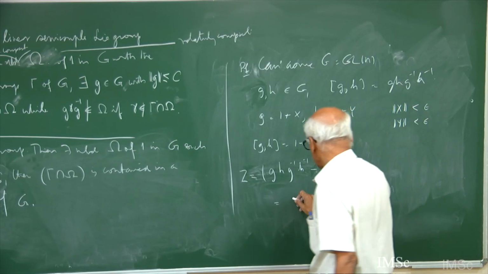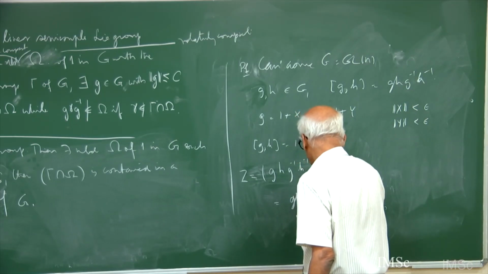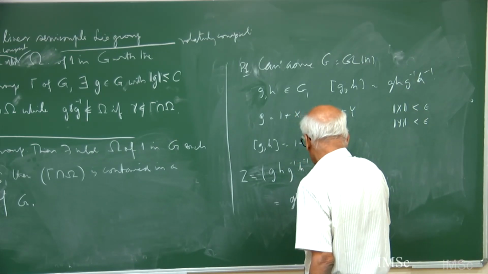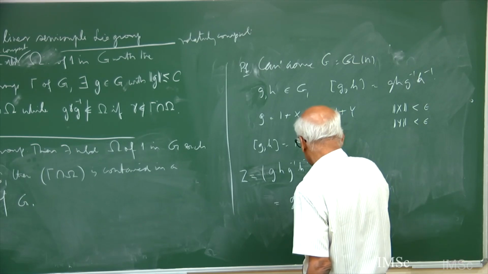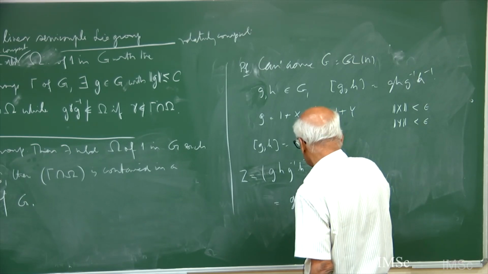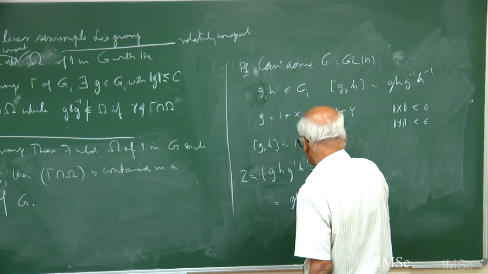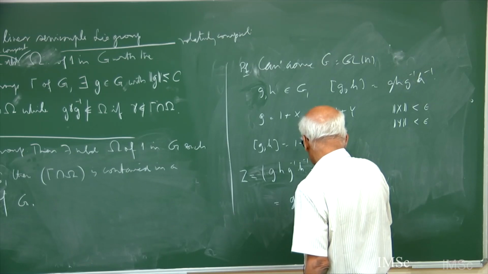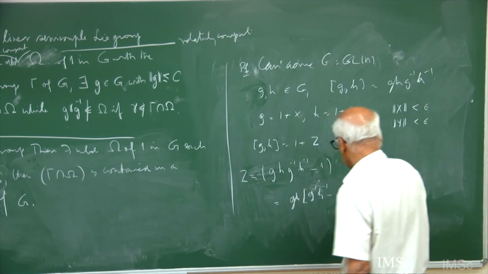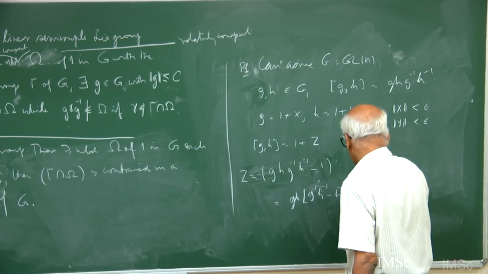I write this as G H, I keep out, and then I can write this as G inverse H inverse minus H inverse G inverse.